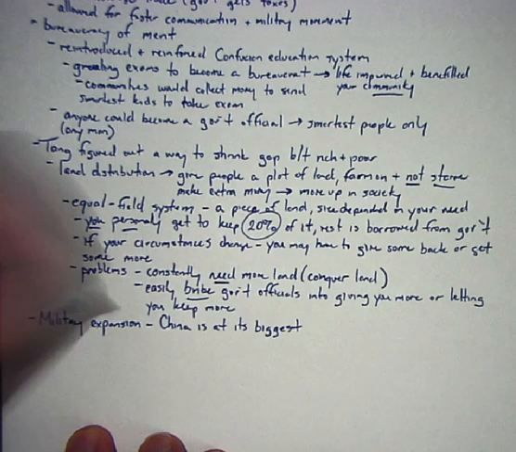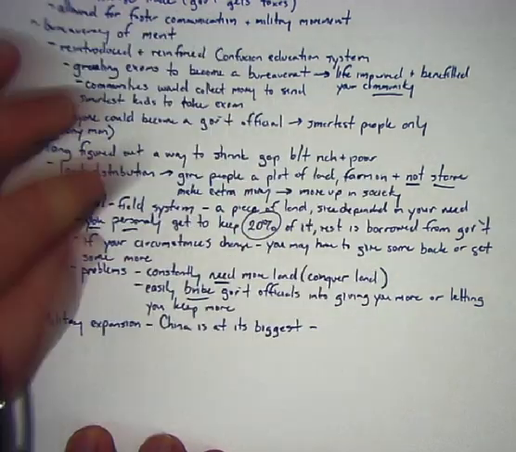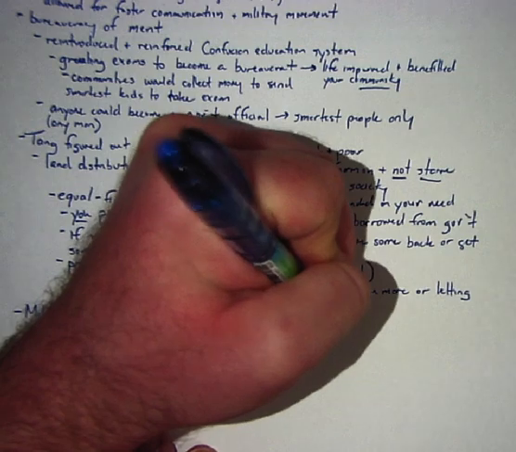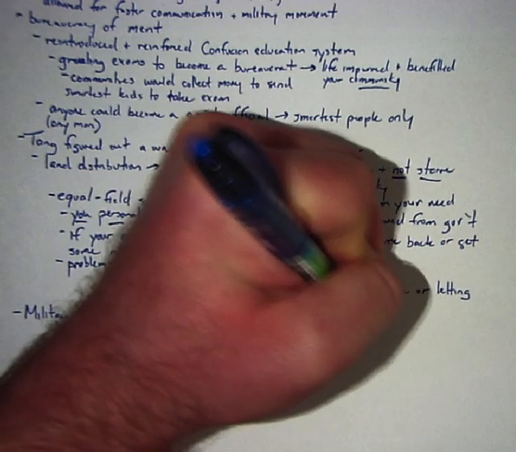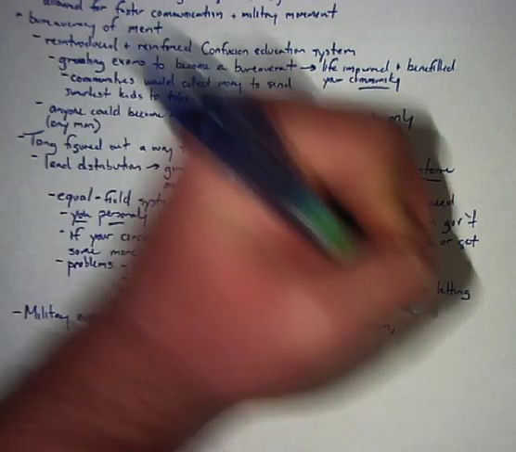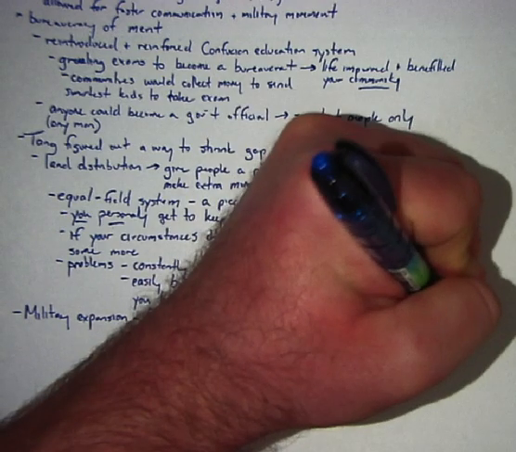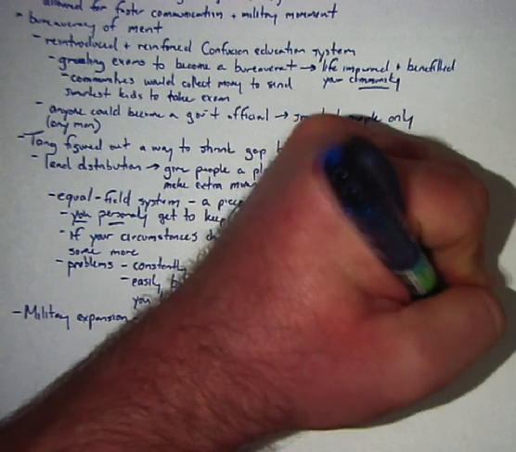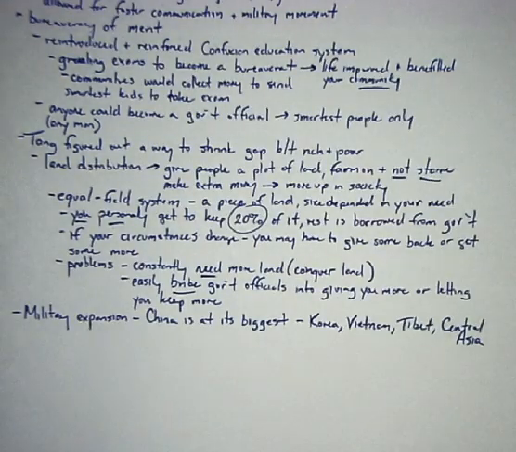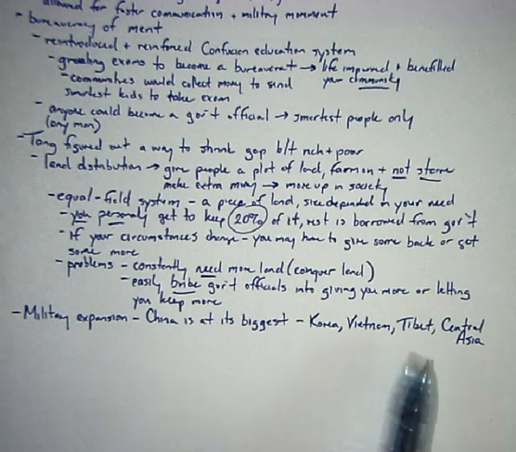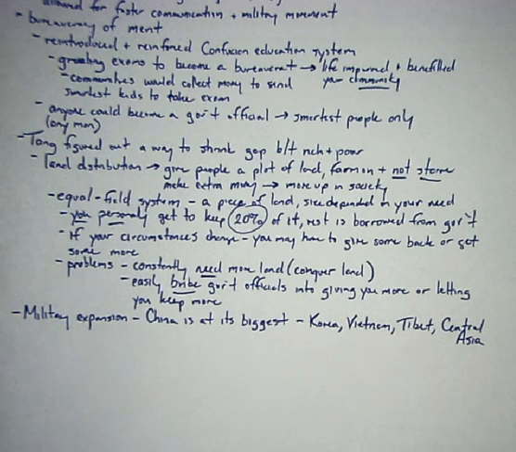So they are going to expand into places like Korea and Vietnam, Tibet, and big pieces of Central Asia. So China is China, but it's also now going to take over pieces of Korea and Vietnam and Tibet and Central Asia, much bigger than its current borders are right now.